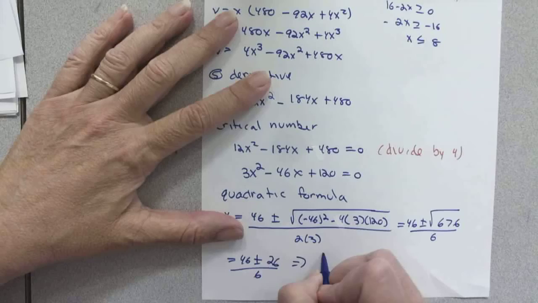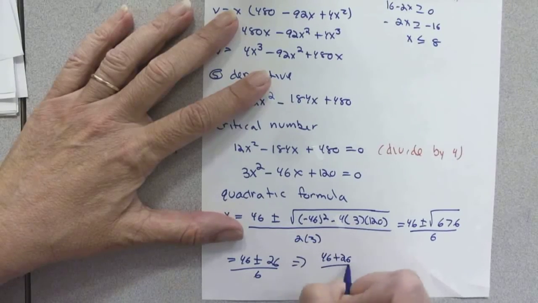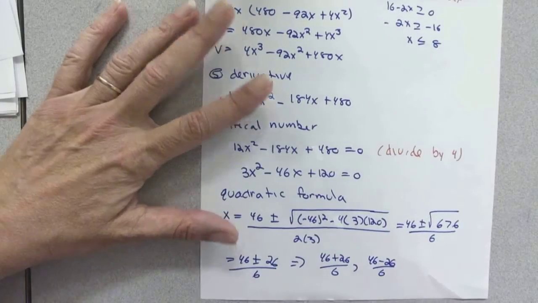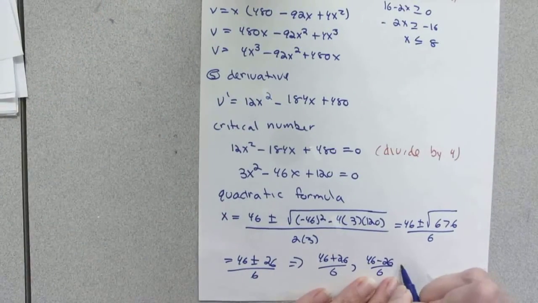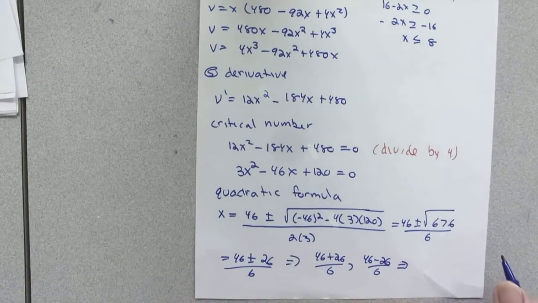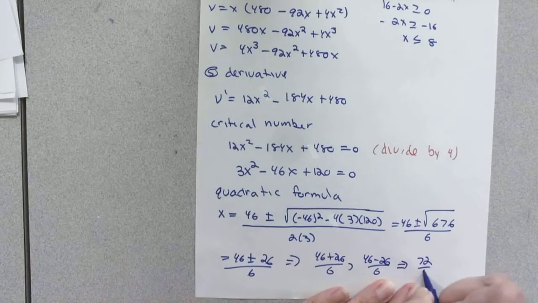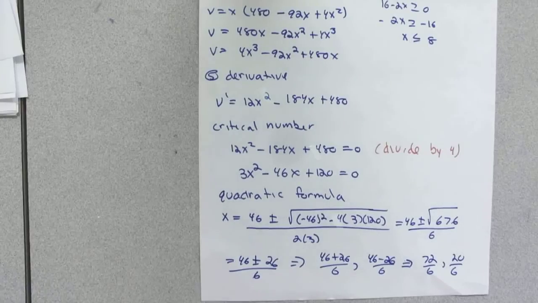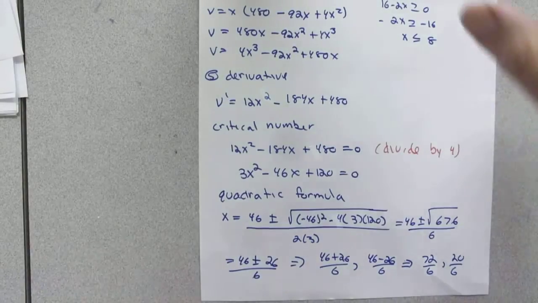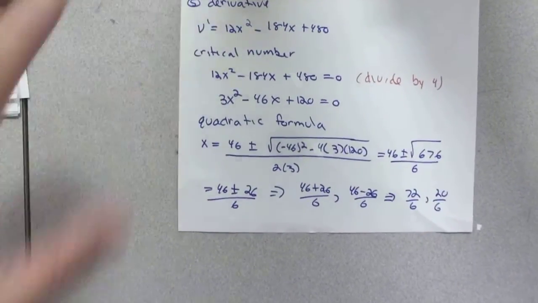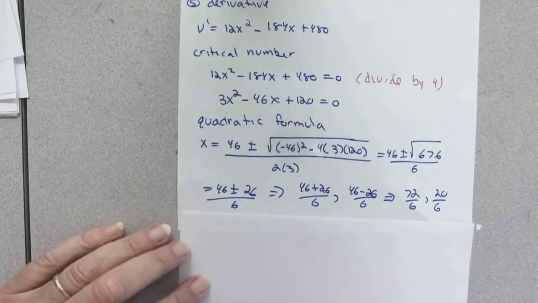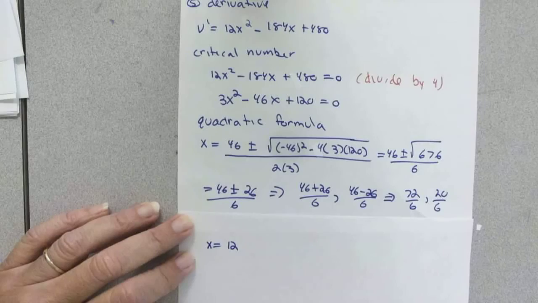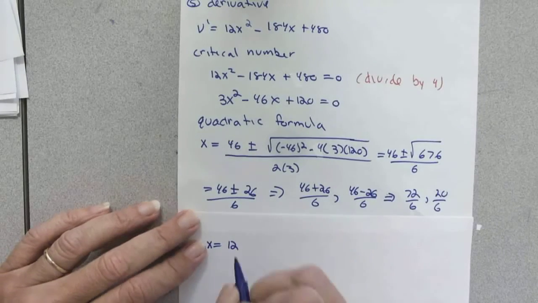And so that's 46 plus 26 over 6, and 46 minus 26 over 6. That is 72 over 6, and 20 over 6, which gives me x equals 12 and 10/3. 72 divided by 6 is 12.